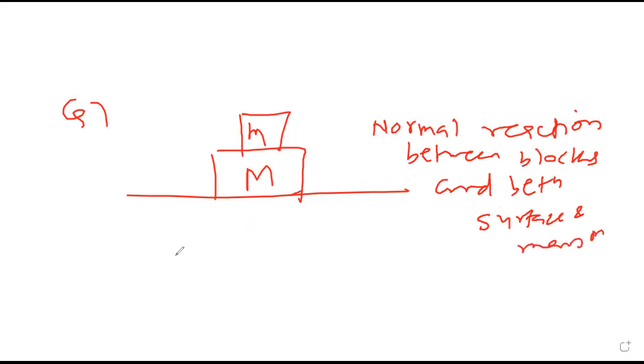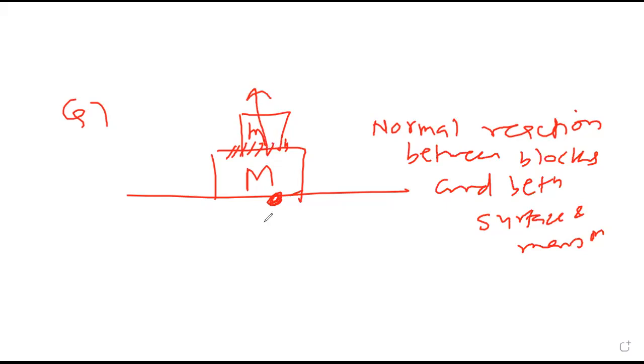Can you tell? What will be normal reaction here, and normal reaction here?